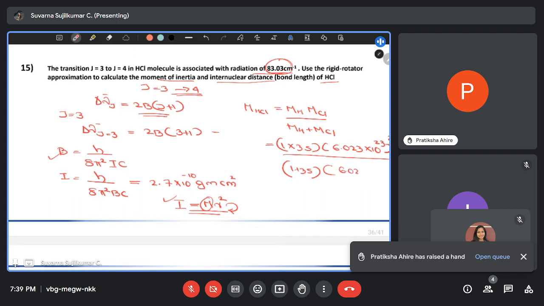We just substitute and find the value. It will be 1.61 into 10 raised to minus 24 gram.